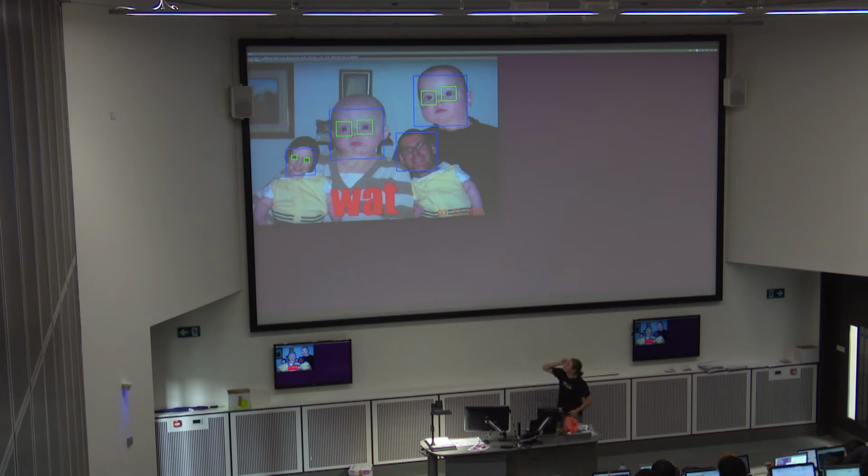So the problem here is that for some reason the algorithm fails to see his eyes. And the problem, obviously, you can see, is that he has glasses, so it probably reflects light. So it's quite different from the other eyes in the image, right? Let's try another one.